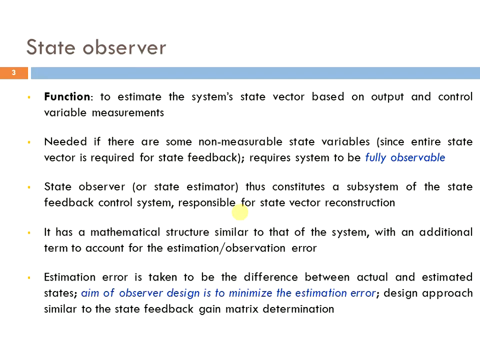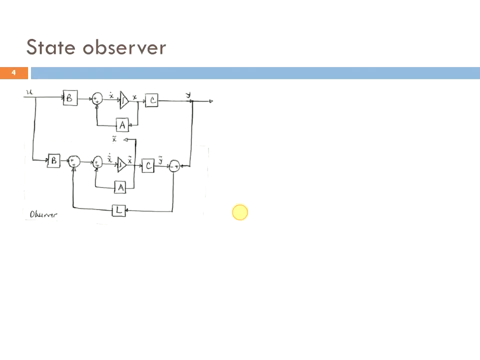In terms of the characterization of the state observer, the most important consideration is the minimization of the estimation error. So we will see that the state observer model is characterized mainly in terms of the estimation error.